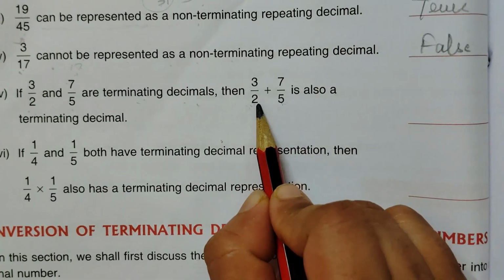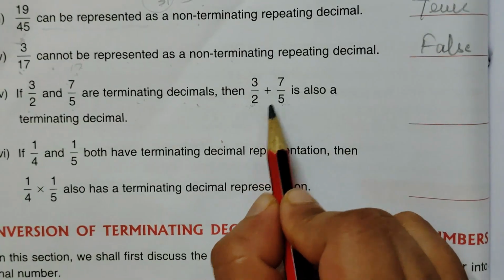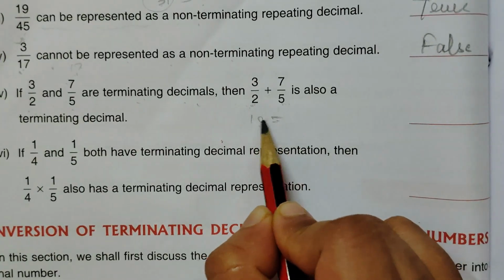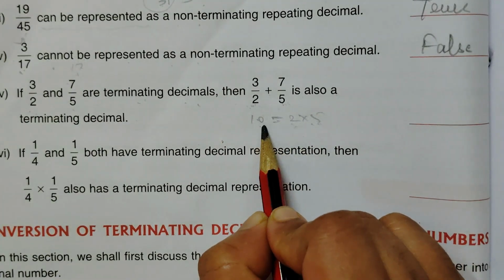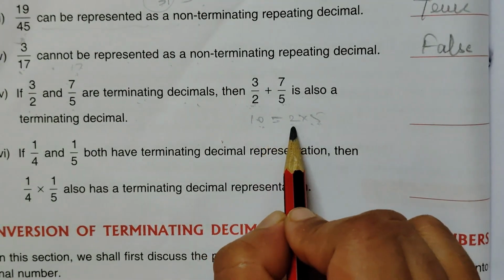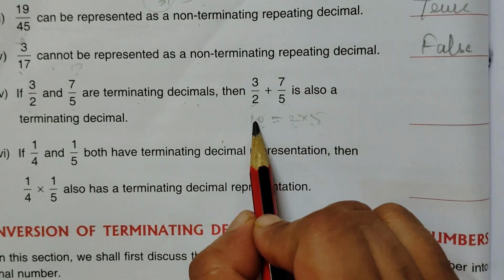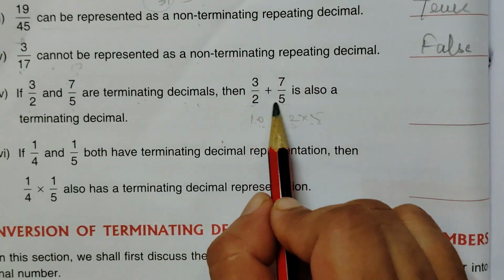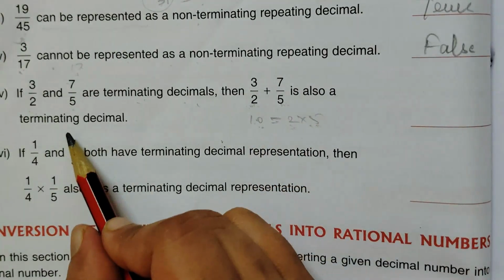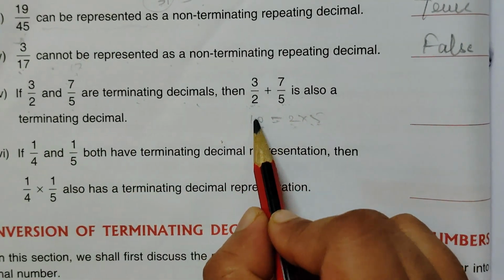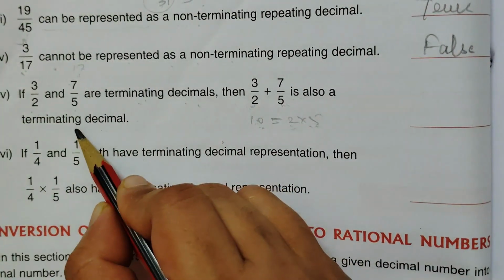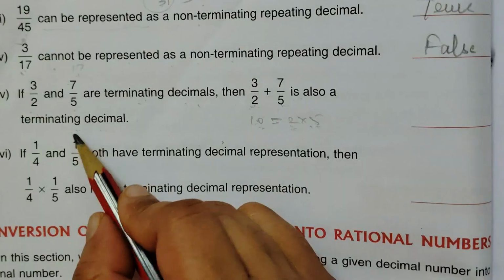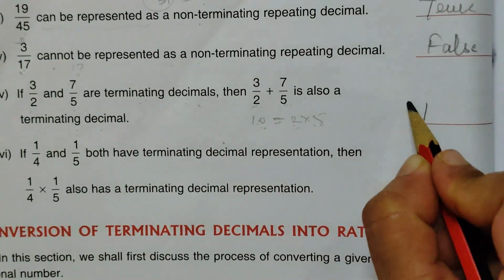So I multiply by 5 here and by 2 here. 2 5s are 10, and the factors of 10 are 2 into 5. When the factors of the denominator are 2 and 5, it is a terminating decimal. So when we add these rational numbers, the denominator we get is 10, which is terminating. So this is true.